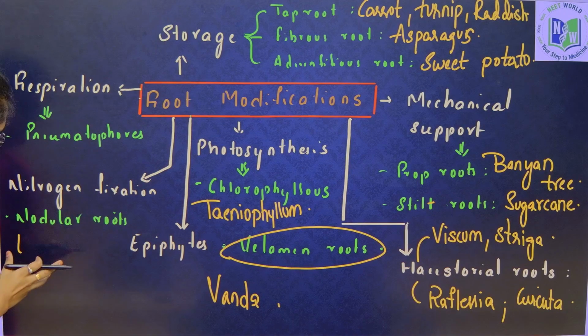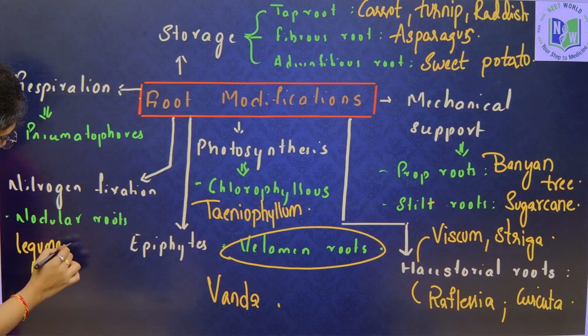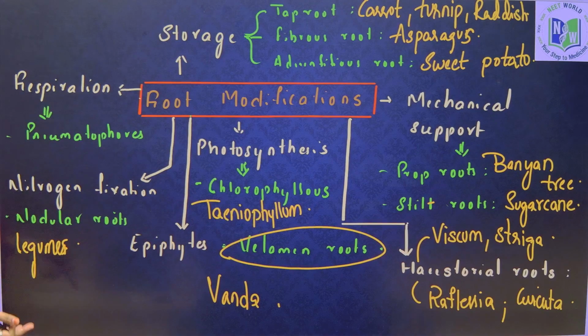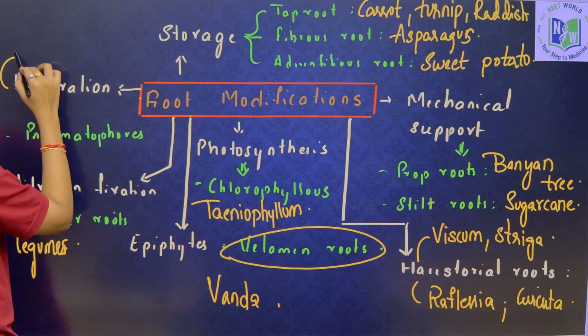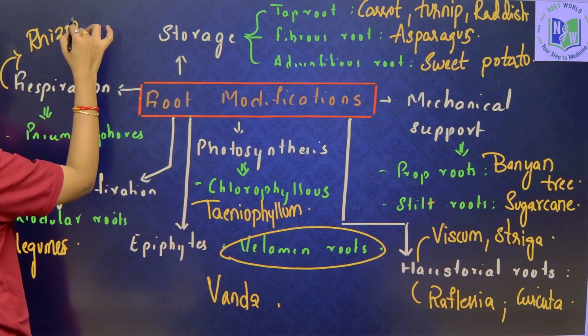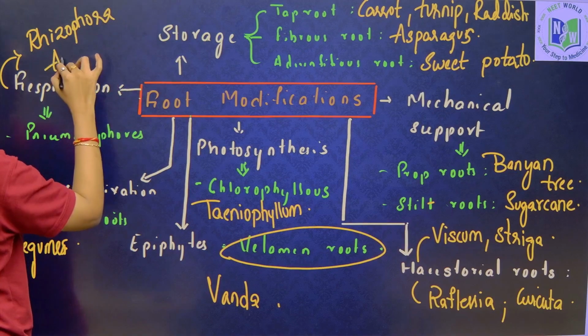Nodular roots or leguminous roots for nitrogen fixation, those are roots of legumes. And then respiratory roots or breathing roots or pneumatophores. Best example is Rhizophora and Avicennia.